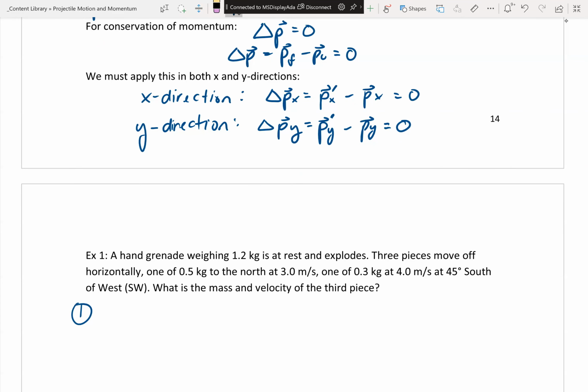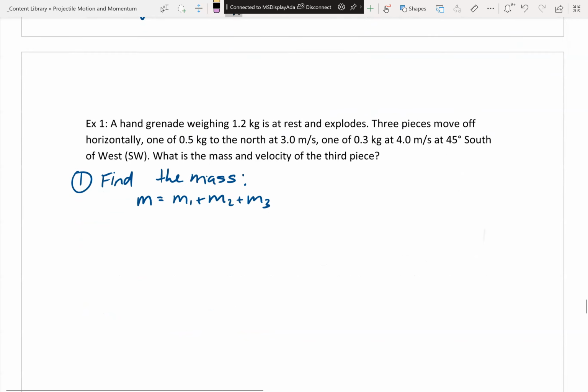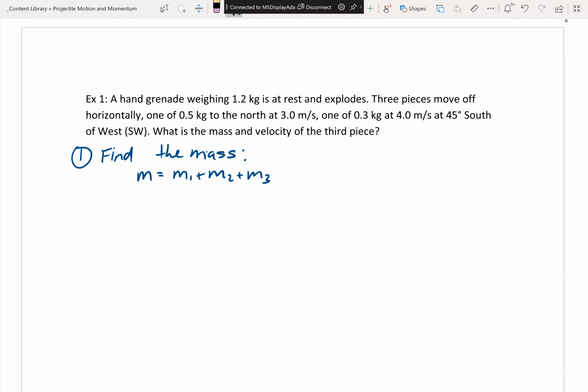The first thing we're going to do is find the mass, because that is the easiest part of the question so far. We know that our hand grenade has been split into 3 pieces, so then there's 3 smaller masses to consider to add up to the whole mass of that grenade. The mass of the grenade we know is 1.2 kilograms.